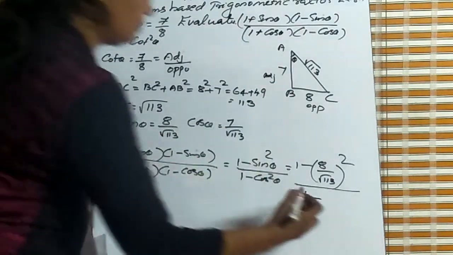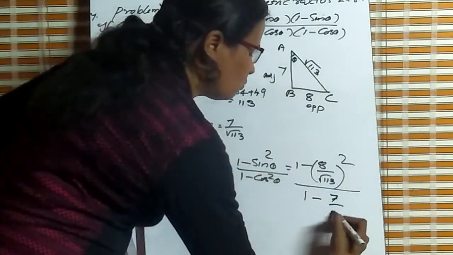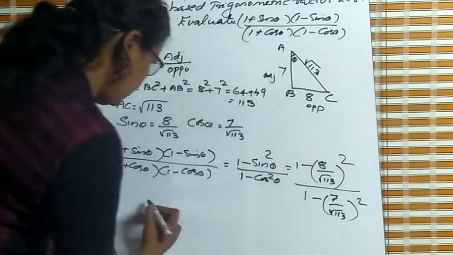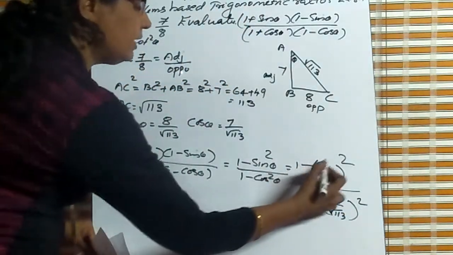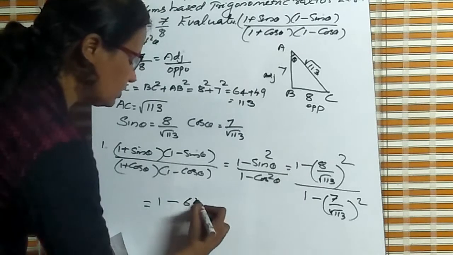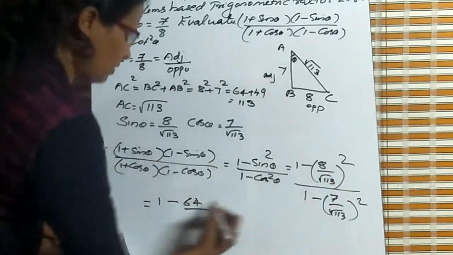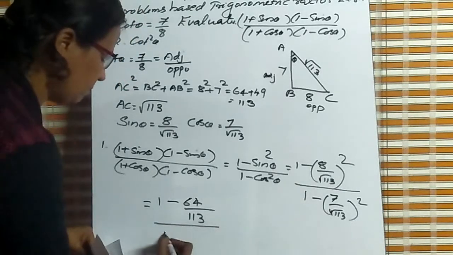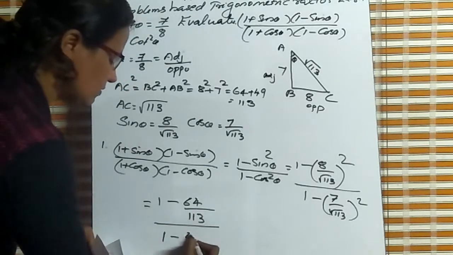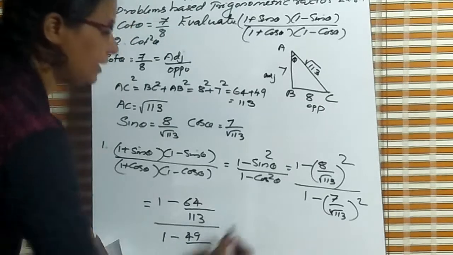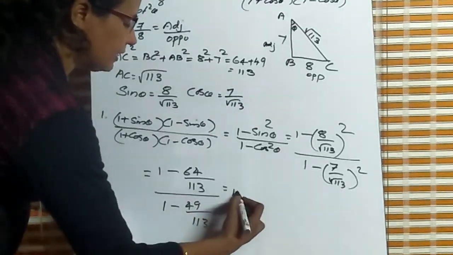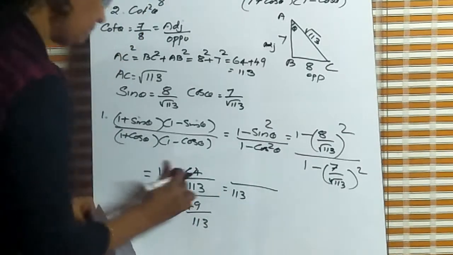What is the value of cos theta? 7 by root 113, the whole square. So it equals 1 minus 64 divided by 113, divided by 1 minus 49 divided by 113. Now we take the LCM.